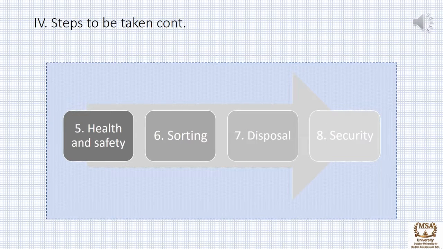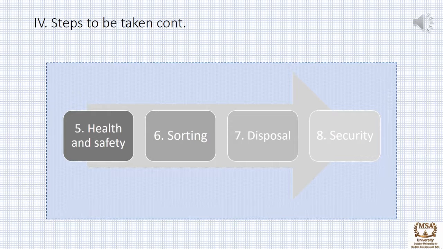5. Health and safety. Workers should be equipped with protective overalls and boots at all times, as well as masks, caps, and gloves when necessary. 6. Sorting. The main objective of sorting is to separate pharmaceuticals into categories where different disposal methods will be applied. 7. Disposal. Disposal options vary considerably, and the ideal solution may not be feasible.